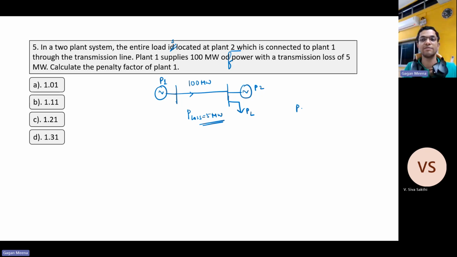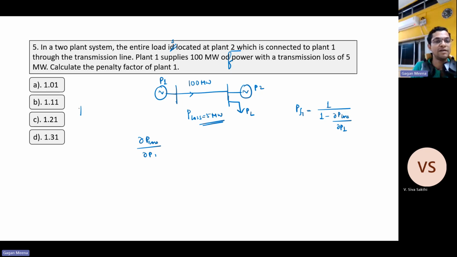We know the formula for penalty factor. It is 1 upon 1 minus dou P loss upon dou P1. For this, we need to calculate dou P loss by dou P1, and for this we need to know P loss. We have the formula for P loss for a two generator problem: P1 square B11 plus 2 P1 P2 B12 plus P2 square B22.